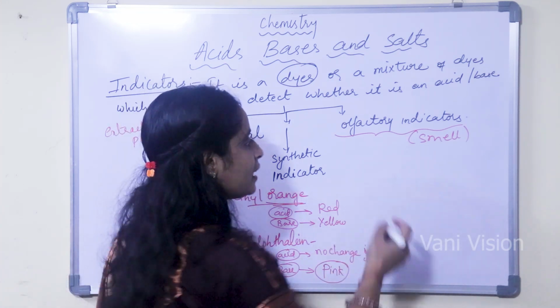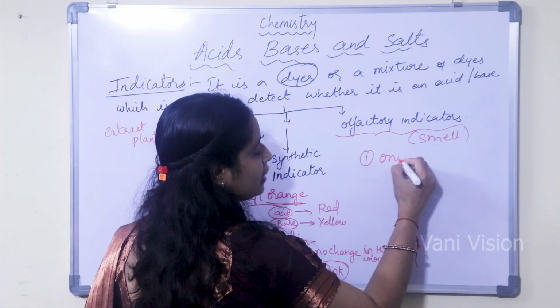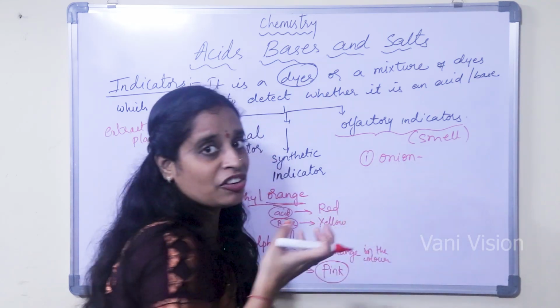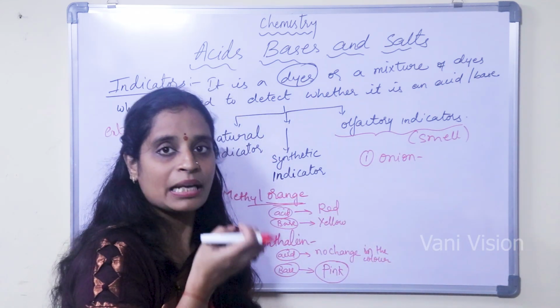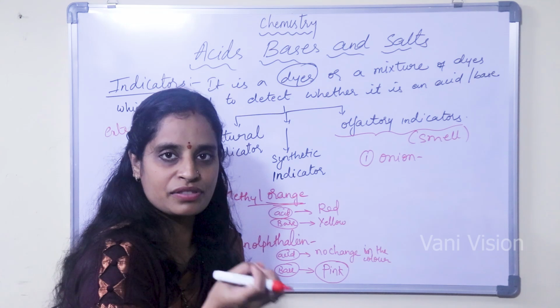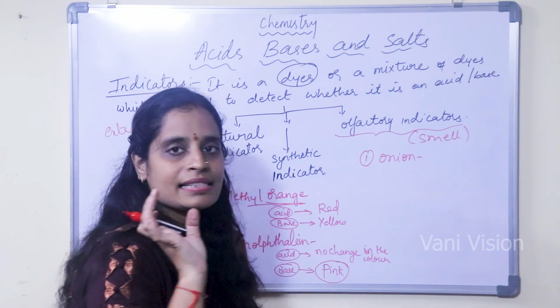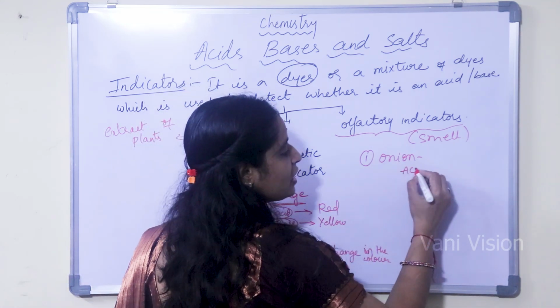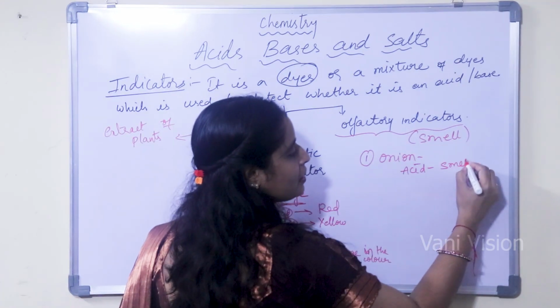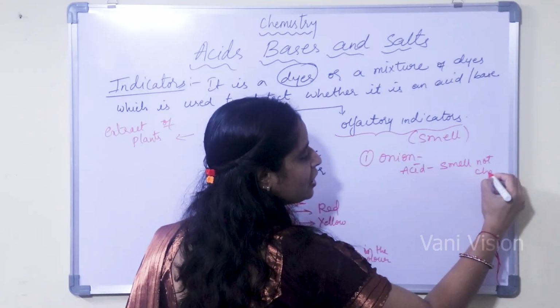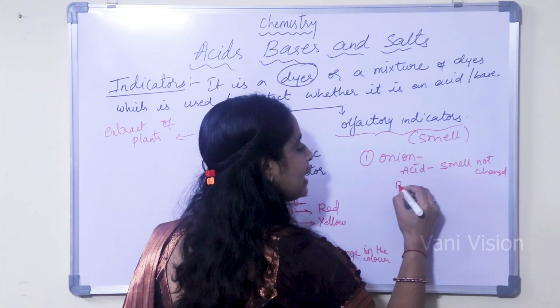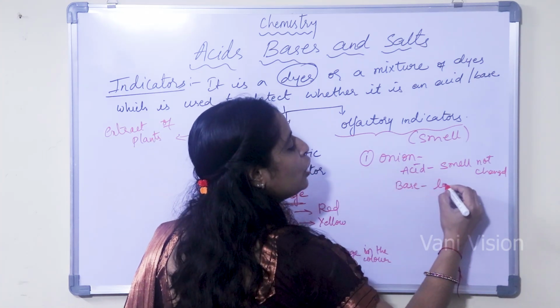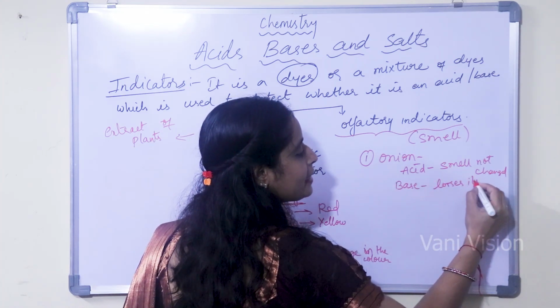Clear? The first one is onion. I think everyone knows the smell of an onion. When we take a paste of onion and dissolve it in acids, the smell will not change. But in bases, it loses its smell.